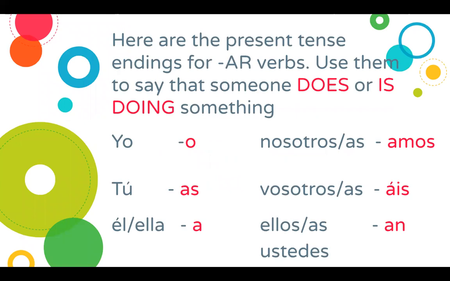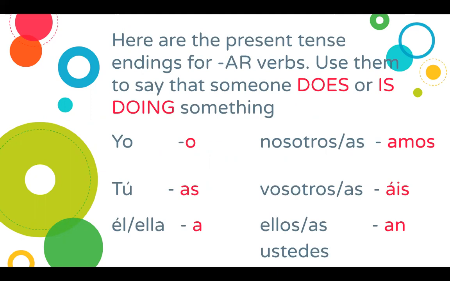Here are the present tense endings for AR verbs, and we use them to say that someone does or is doing something. For yo, or I, the ending is o. For tú, or you, the ending is as.